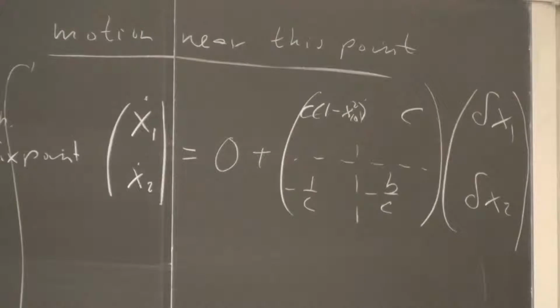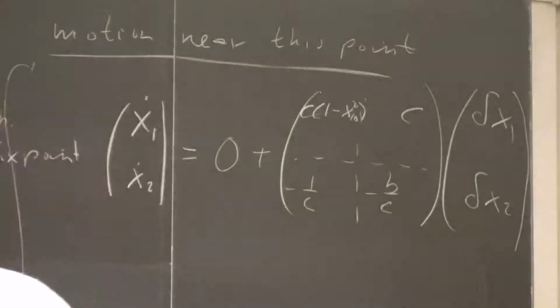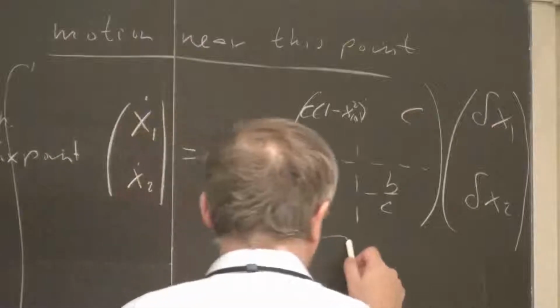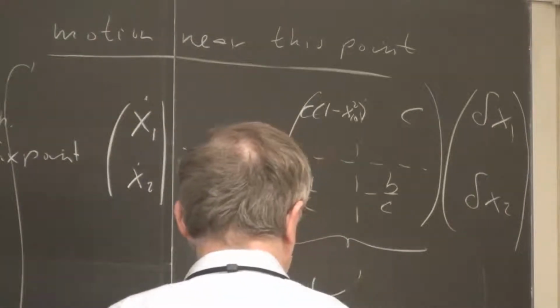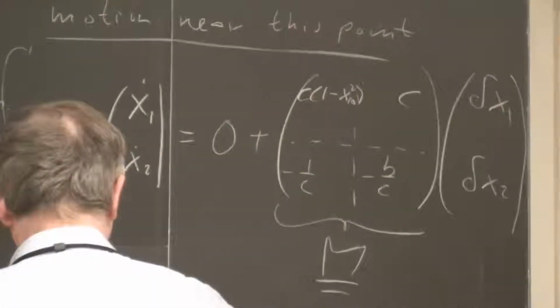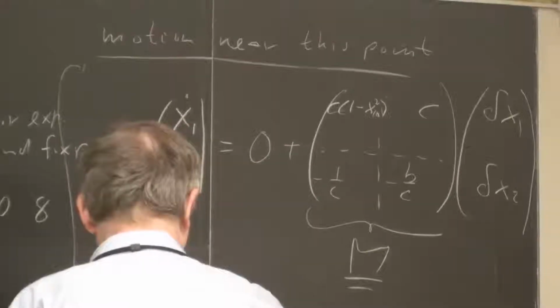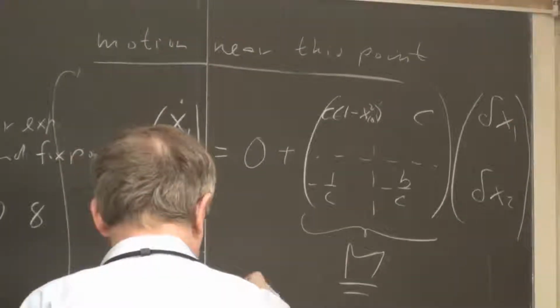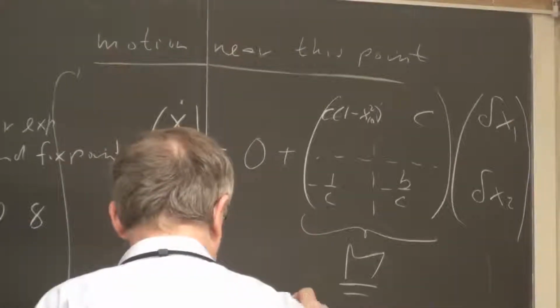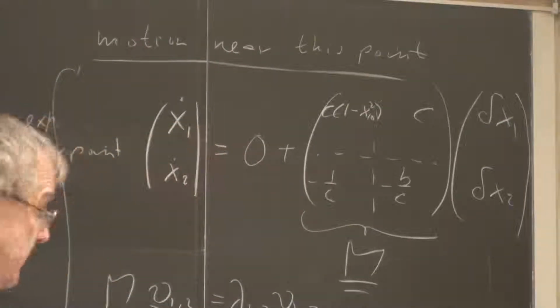So we have a linear differential equation, and we all know how to solve it. If we call this matrix M, then we try to solve M times V12 is equal to lambda 12 V12. So we can do that.